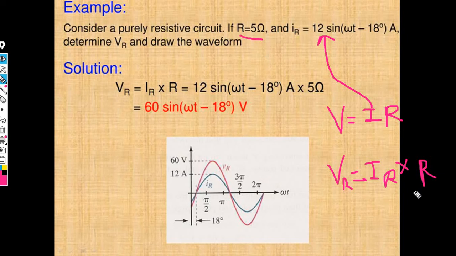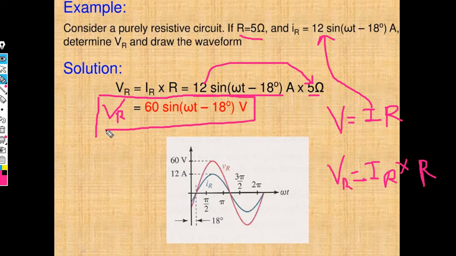Putting both values, VR is equal to IR into R, that is 12 sin(omega t minus 18) ampere into resistance R. Then 12 multiplied by 5 is 60 sin(omega t minus 18) volt. So the voltage across the resistor VR is 60 sin(omega t minus 18) volt. Now this is the problem based on a purely resistive circuit. Here there are two waveforms, and now we have drawn them.